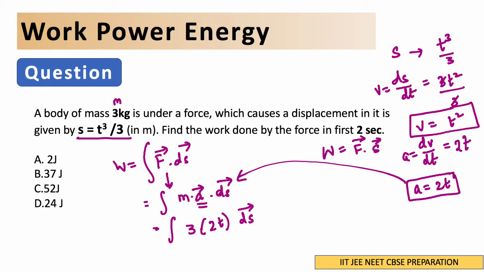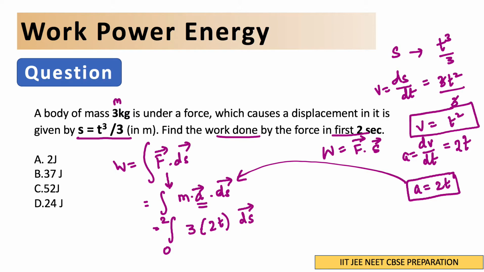Now if you can find ds in terms of t, then you can integrate, because the work done has to be found in the first 2 seconds, which means the limits are 0 to 2.